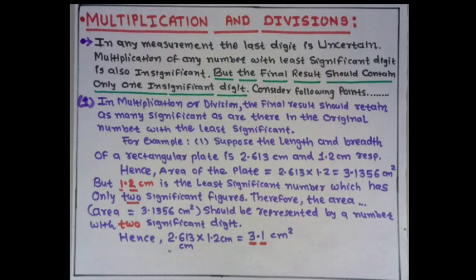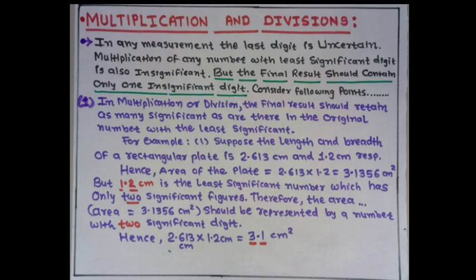For example, suppose the length and breadth of a rectangular plate are 2.613 cm and 1.2 cm respectively. So the area of the plate is 2.613 × 1.2 cm² = 3.1356 cm². Here we get the area as 3.1356 cm², but 1.2 cm is the number with the fewest significant figures, which has only two.